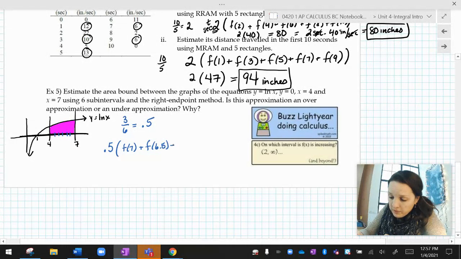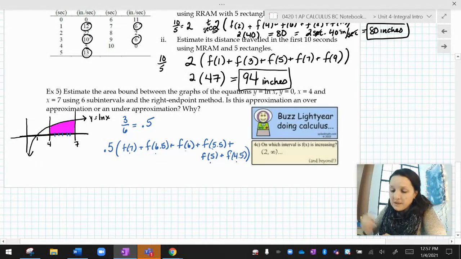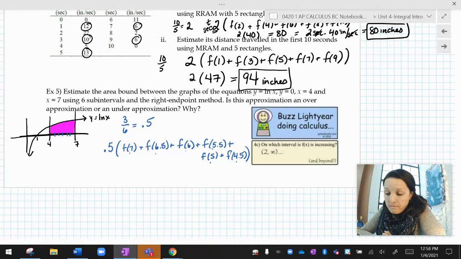So 6.5, 6, 5.5, 5, and 4.5. 1, 2, 3, 4, 5, 6. And I didn't use f of 4 because I'm using a right endpoint, and 4 would be the left endpoint.